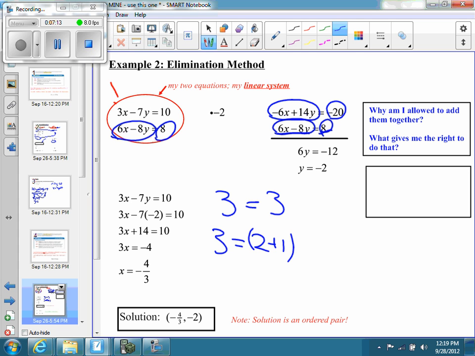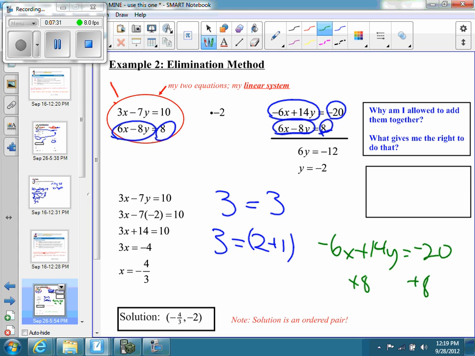So I decided. Would you have objected if I had this equation, negative 6x plus 14y equals negative 20? Would anybody object if I added 8 to this side and added 8 to this side?